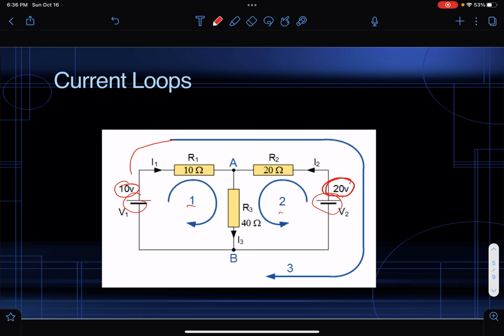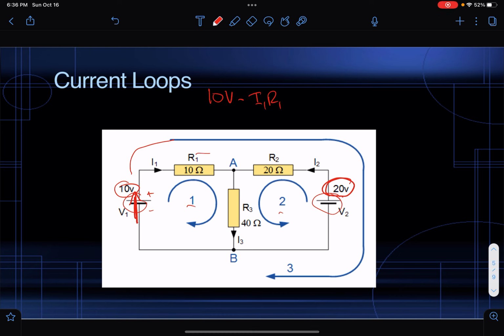Okay, so I would do this as V1, or it's kind of confusing because it has both those V's there. Let's go with 10 volts. Okay, so this is what I mean that my current is going in this direction. It's going the way that it's supposed to, so it's positive. Okay, when it goes through a resistor the way it's supposed to, that's a voltage drop. So that's going to be I1 R1.